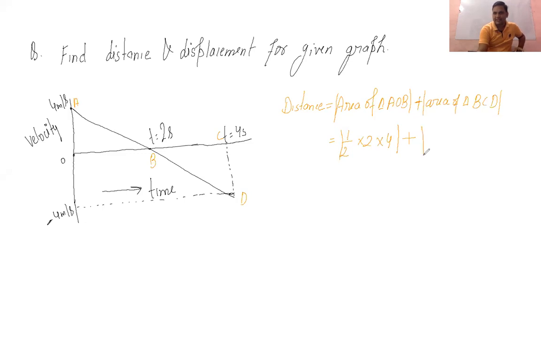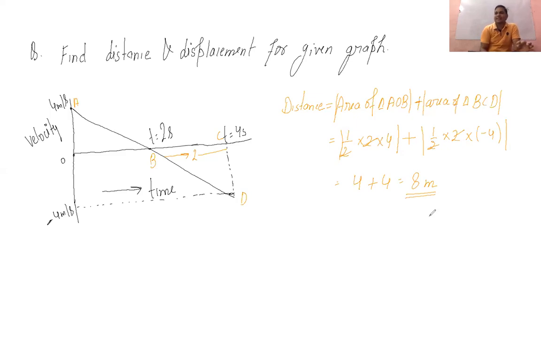And for this one, it will be half, the base is once again this one, 2, into 2, and the height is minus 4. So the 2 will be cancelled out. Here it will be 4, and the mod will be plus 4. So this will be 8 meter. 8 meter will be your distance.